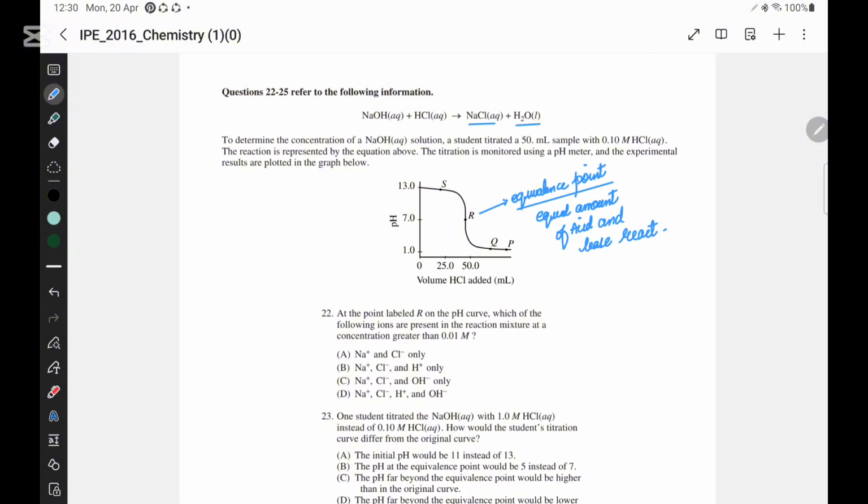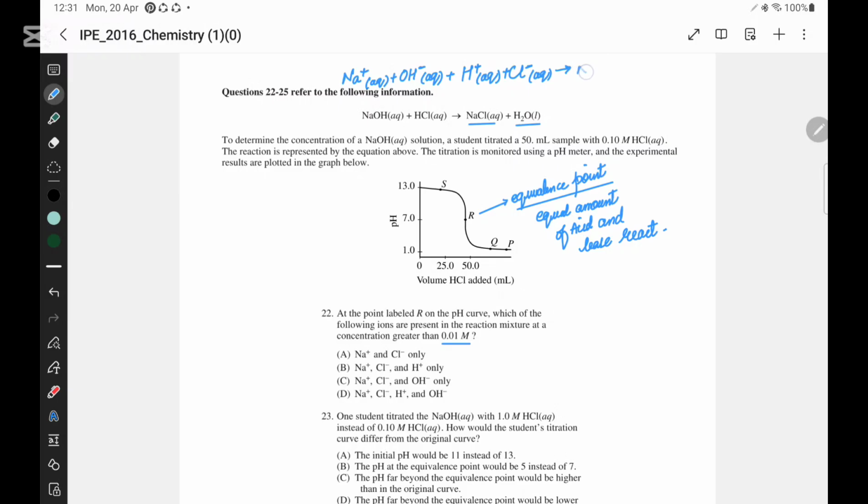So what happens here? Which of the following ions are present in the reaction mixture at a concentration greater than 0.01 molar? If you write the ionic equation, Na+ (aq) plus OH- (aq) would react with H+ (aq) plus Cl- (aq).